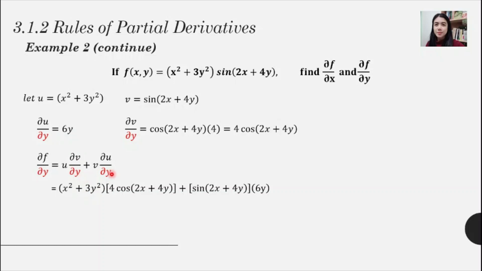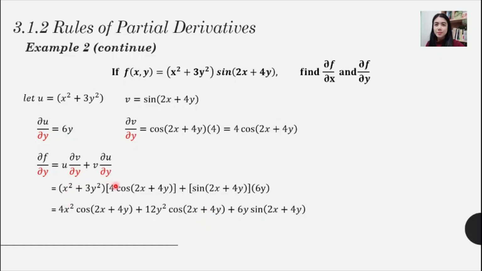Where is our del v del y? That is here. So we substitute here, and we have plus, and we have a v here. Our v is actually our sine. So substitute here, and then you have del u del y. Your del u del y is this one, 6y. So substitute here.